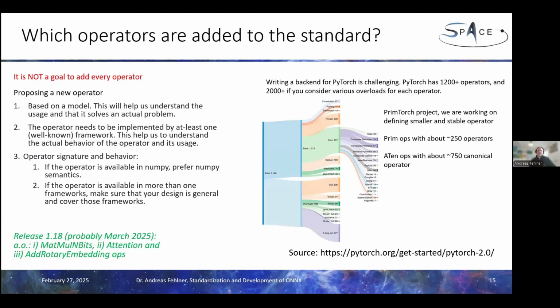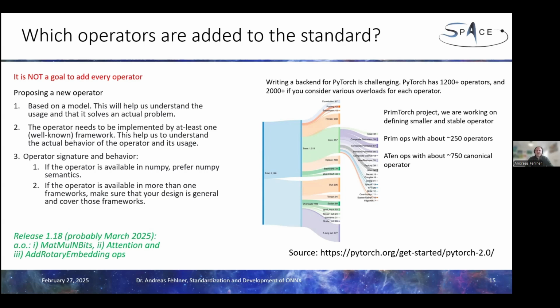I would say it's not a goal to add every new operator to the standard. It should be a limited list, a minimal set of functions or operators. So the operator should be included in more training frameworks. For example, it should be used in a popular paper or popular solutions.